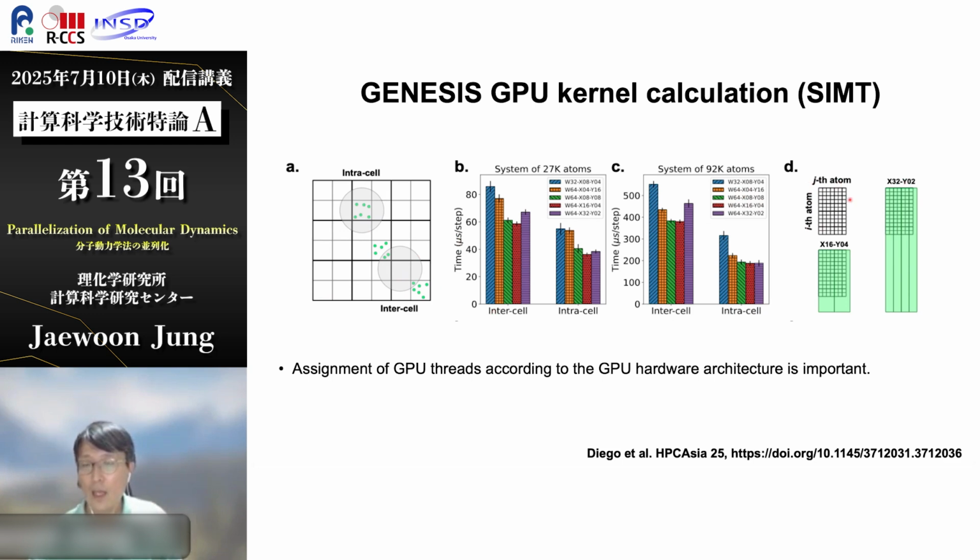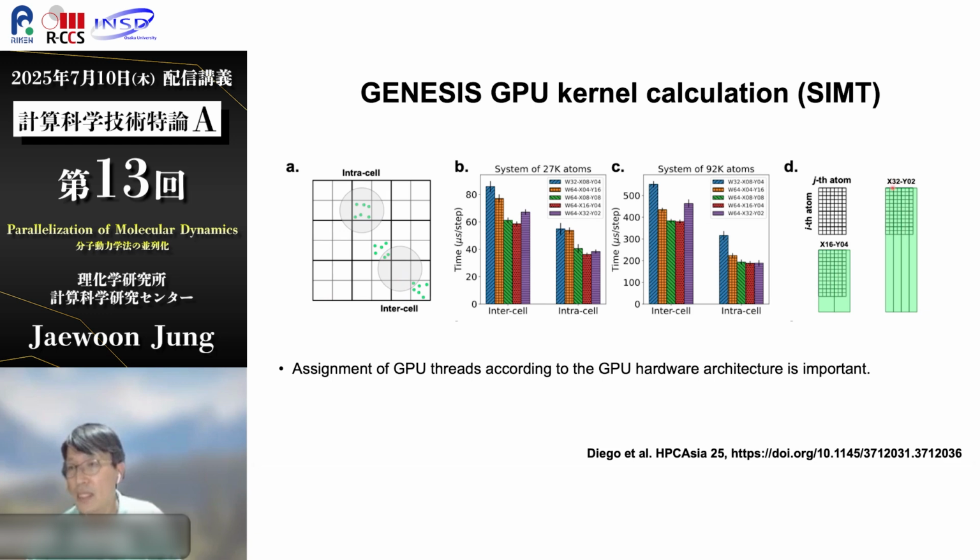And for every particle pair, according to this combination, it can make a different block. So this one is, for example, a block of 16 times 4, and this is a block of 32 times 2. You can say that this is one block.